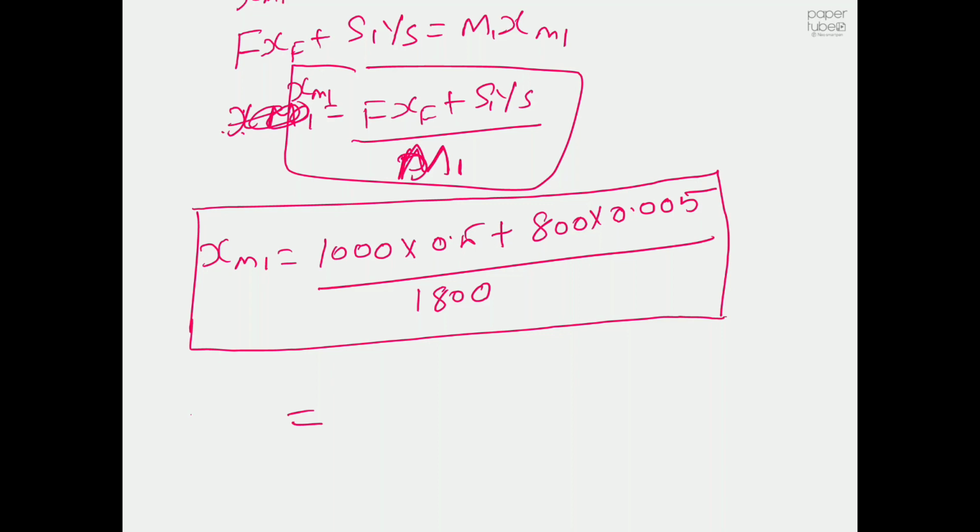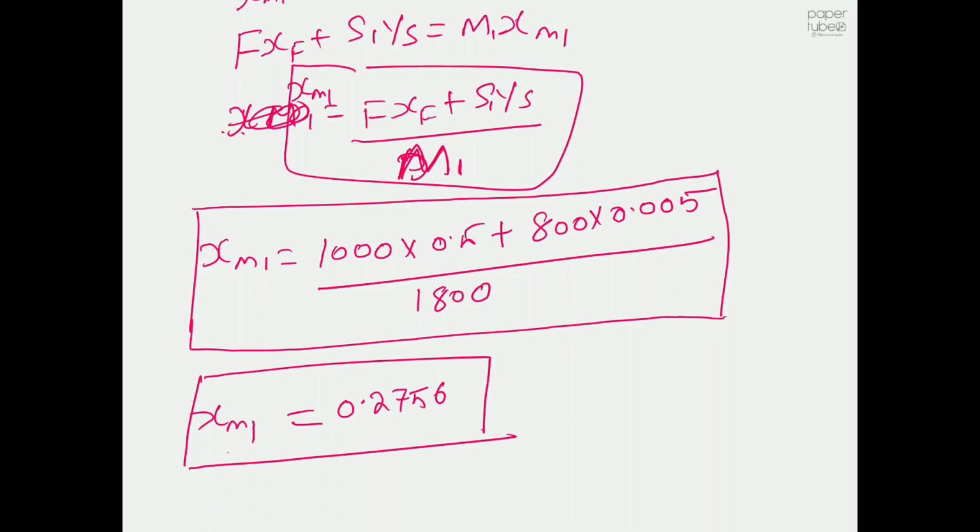So you have a value xM1 equal to 0.2756. So what is this xM1? This is the fraction of solute in the mixture.